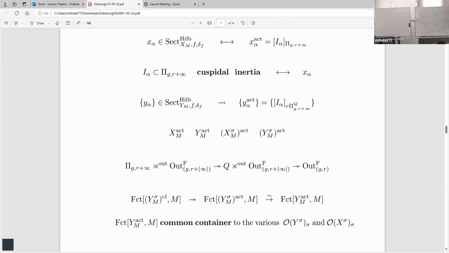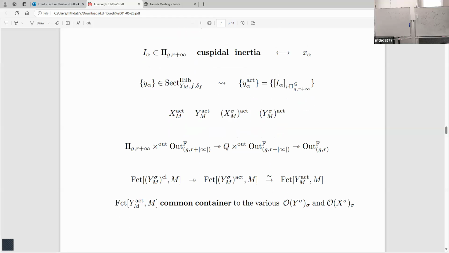And the construction is done in such a way that you get such an identification. So the function spaces labeled sigma are naturally identified with this single function space. And in particular, here you have the ring of functions labeled sigma. You can map it here, and we look at the images. So in some sense, this has achieved the goal of constructing this single function space.